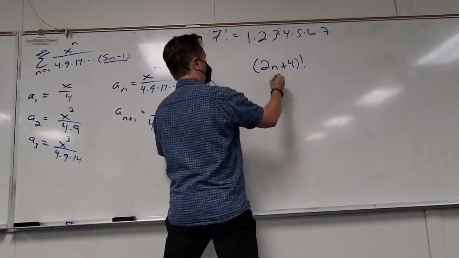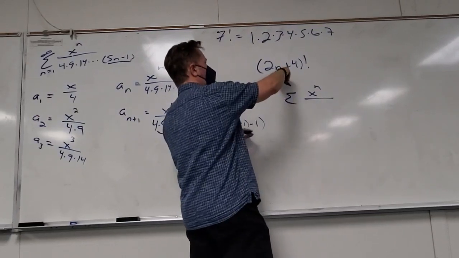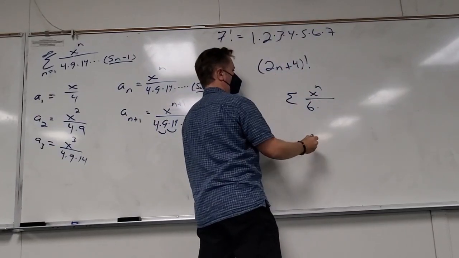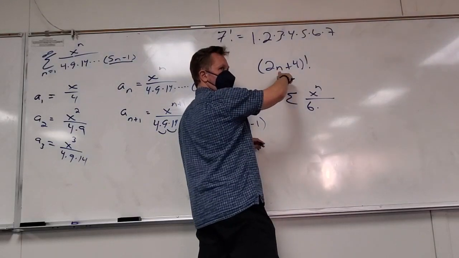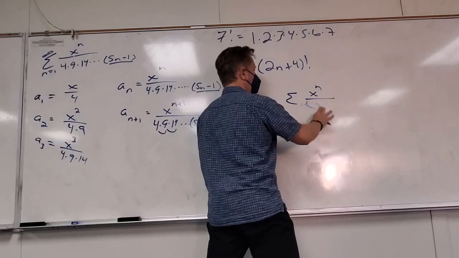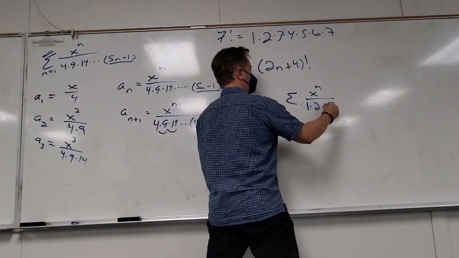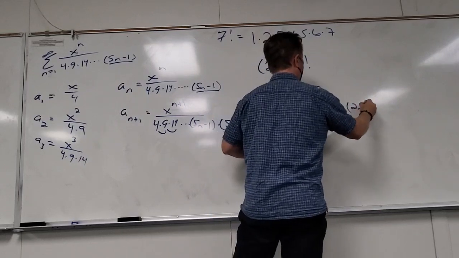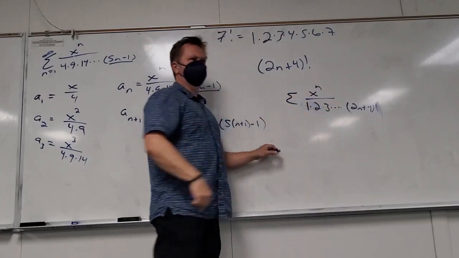Totally, right? So I could create something that was x to the n over, when n is 1, I get 6, right? When n is 2, I get, well, let me not do this. This is weird. So it would be something like 1 times 2 times 3 up to 2n plus 4. That would be 2n plus 4 factorial.